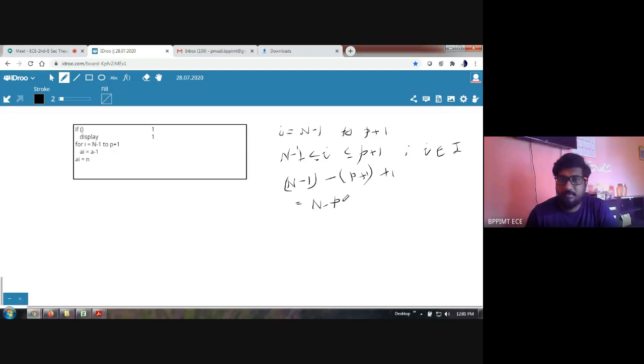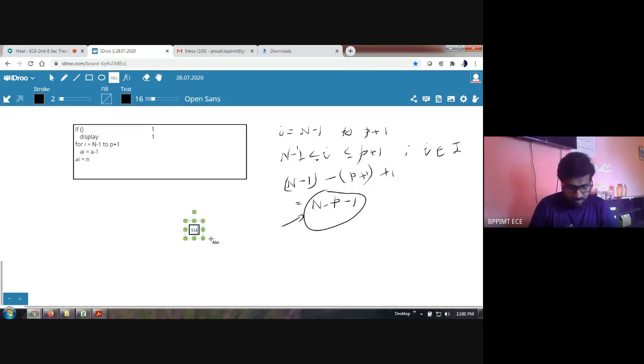This is the total number of executions of the entire for loop, and these are the successful number of executions of the for loop.